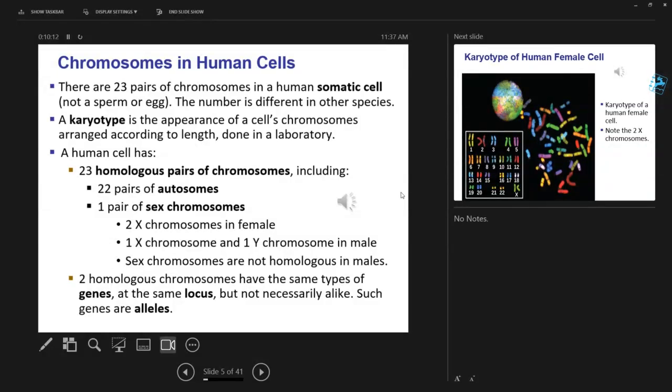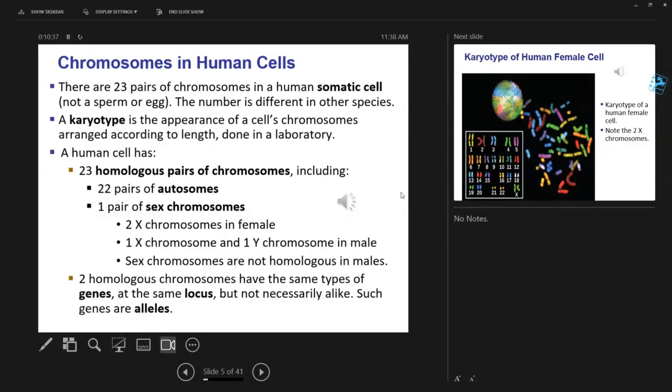So every type of human cell that is not a sperm or egg cell is called a somatic cell. And so when I say that human cells have 23 pairs of chromosomes, I'm talking about somatic cells, because a sperm cell and an egg cell don't have 23 pairs of chromosomes.